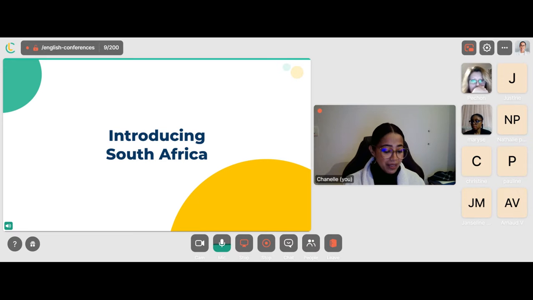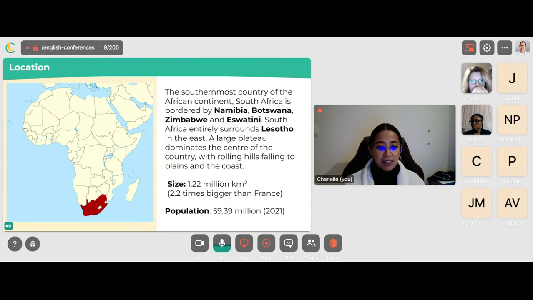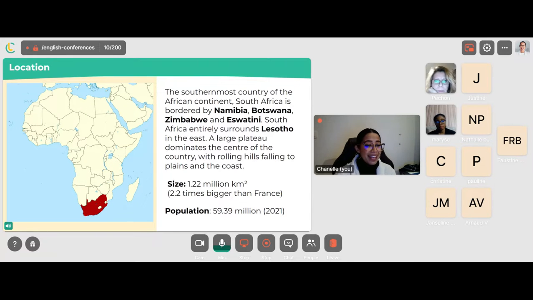So let's begin with introducing South Africa. South Africa, the southernmost country of the African continent, is bordered by Namibia, Botswana, Zimbabwe, and Eswatini. South Africa entirely surrounds Lesotho in the east. A large plateau dominates the center of the country, with rolling hills falling to plains and the coast.